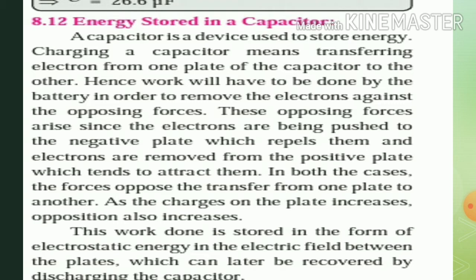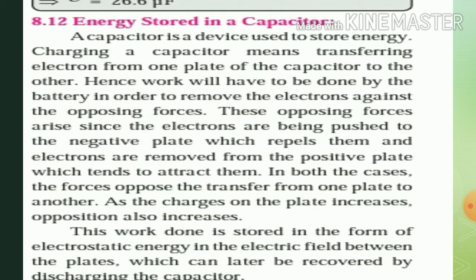Whenever the quantity of charge increases, the motion of positive and negative charges must increase, and this motion of charge is responsible for the work done in the condenser or capacitor.